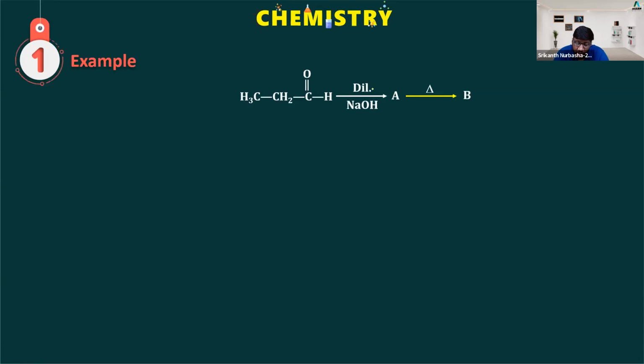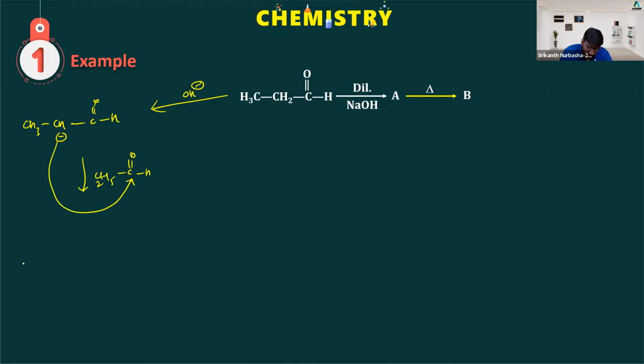CH3 CH2 C double bond O H, dilute NaOH gives A, and upon heating gives B. Nothing but C2H5. You can write CH3 CH minus C double bond H, which is obtained whenever you treat this with base. This upon treating with the next molecule, C2H5 C double bond H, the negatively charged carbon attacks this particular carbon, leading to the formation of C2H5 CO minus CH CH CH3 C double bond OH.